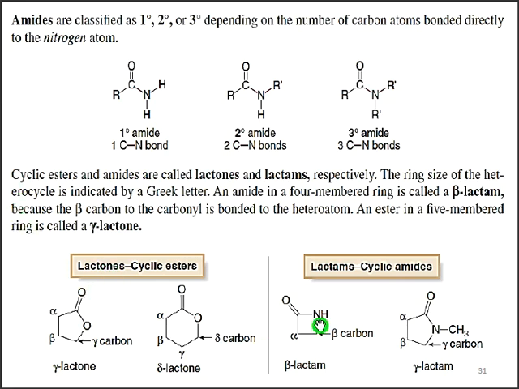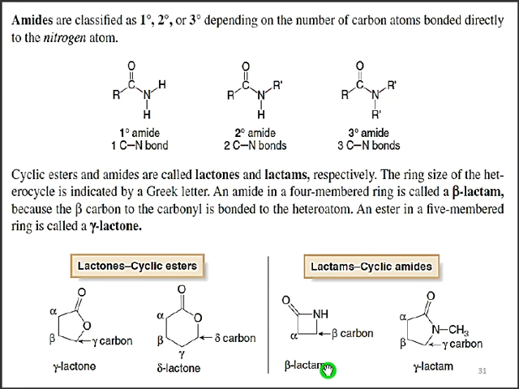Also the amide and the ester can be found in cyclic compounds. A cyclic ester is called a lactone, and a cyclic amide is called a lactam. The ring size of the heterocycle is indicated by a Greek letter. An amide in a 4-member ring is called a beta lactam.